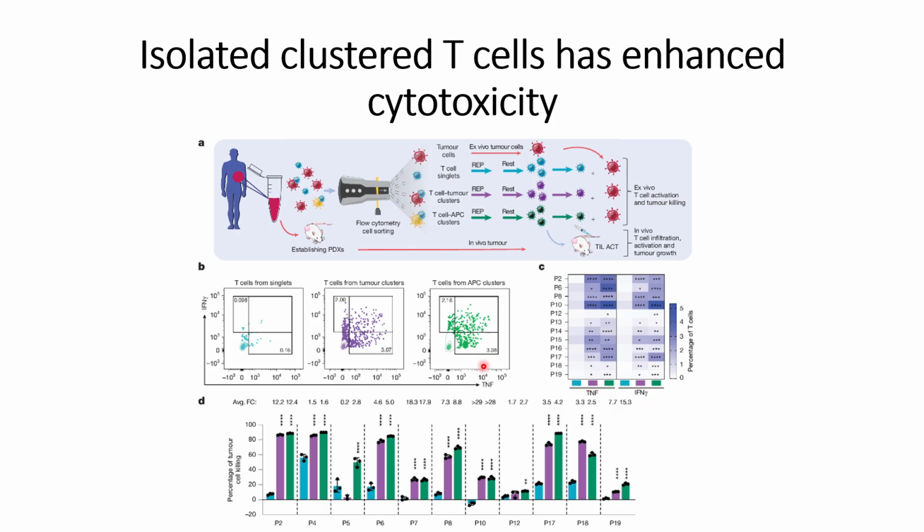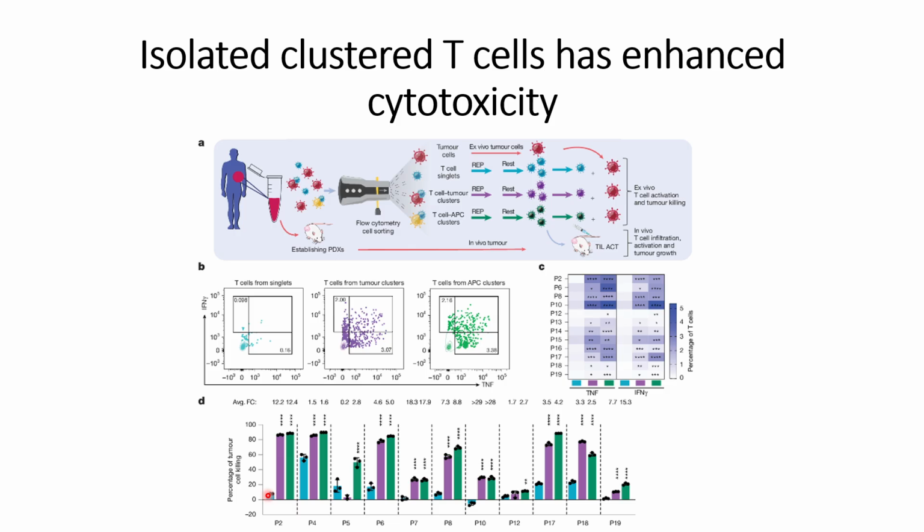Thereafter, they also did the ex vivo cell killing assays, checking the ex vivo cell killing capacities of these different populations of T cells. They checked it for 11 different melanoma cancer tissues obtained from 11 different patients, and they were able to see that for the clustered tumor T cells, in 9 out of 11 cases there was high tumor cell killing compared to the singlet cells.